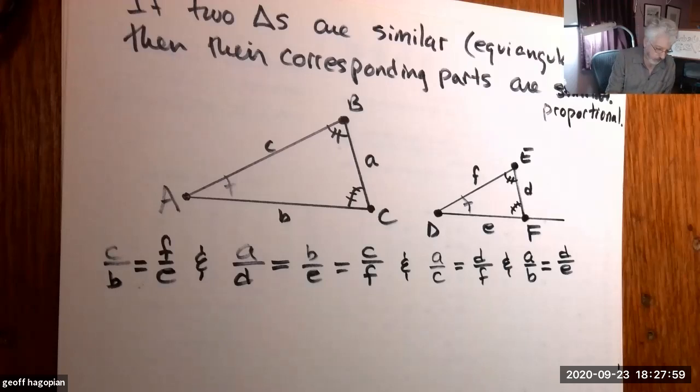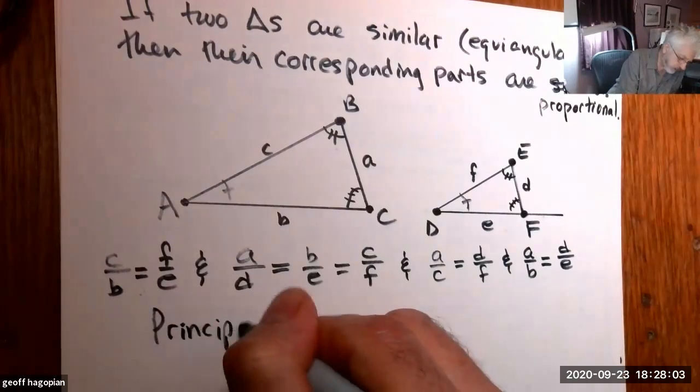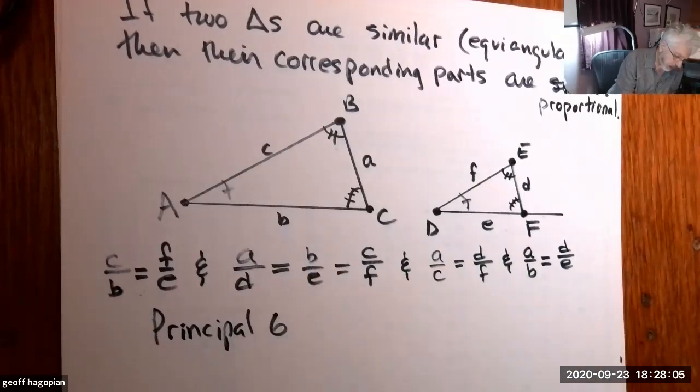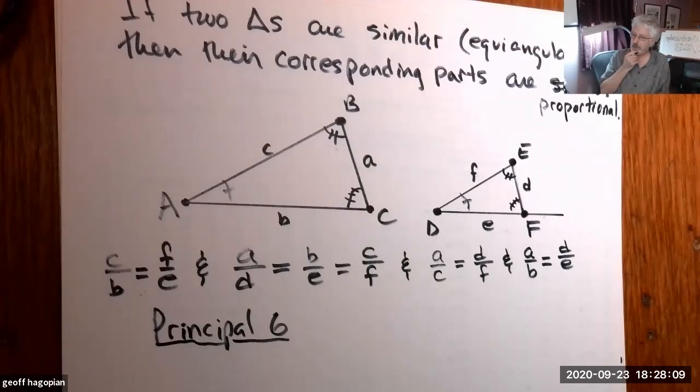Okay, so now the claim, principle 6, I want to prove this. And we need this idea of proportion. Well, I don't know if we need it. I think we do. We need this idea of proportionality.